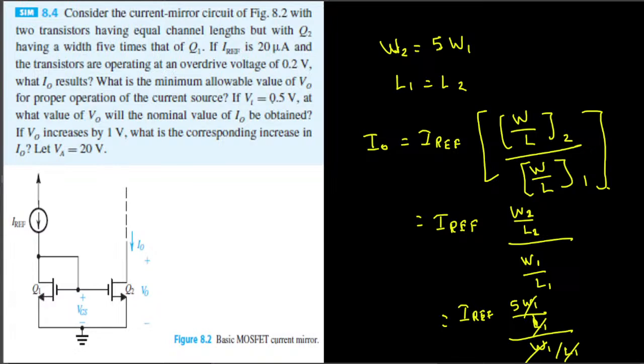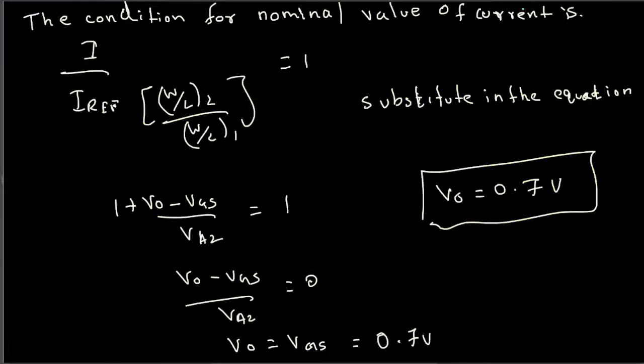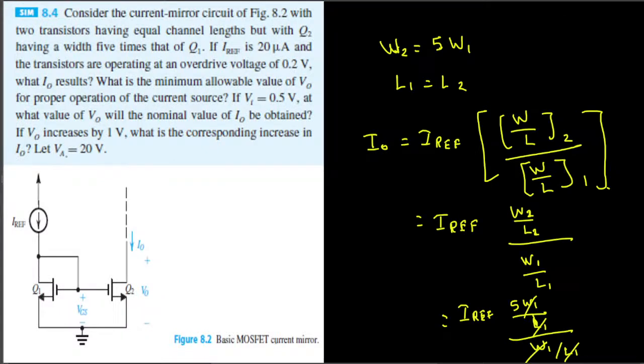Okay, if Vt is equal to 0.5 volts, at what value of V0 will the nominal value of I0 be obtained? That is when V0 is 0.7 volts. Now let's look at the next question. If V0 increases by 1 volt, what is the corresponding increase in I0?